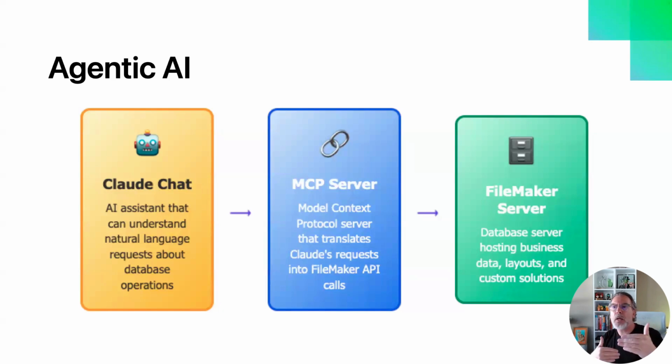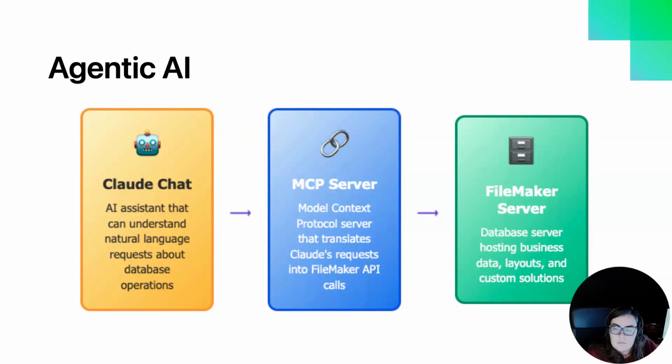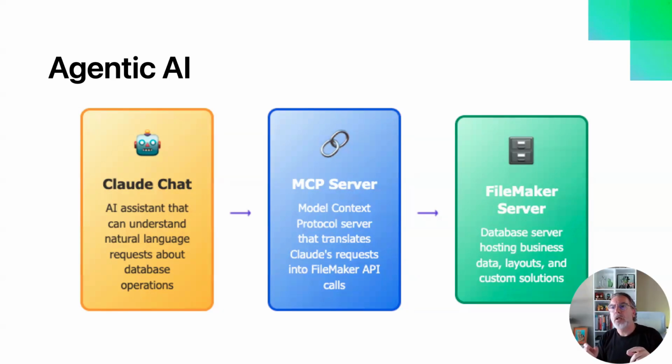So you describe your actions. If we think like a business workflow, one of the actions could be approve an invoice. So in the description, you would say, well, my FileMaker server, and because we're using the OData API and Data API, it's really just a URL.